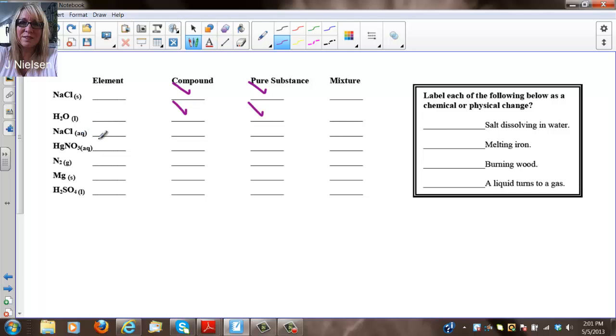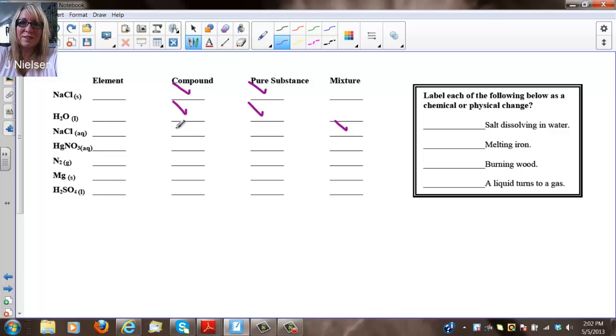NaCl aqueous, it is a mixture, and it is, well, I guess it's a compound, but it's mixed with water, so there's two compounds. This is kind of iffy here.